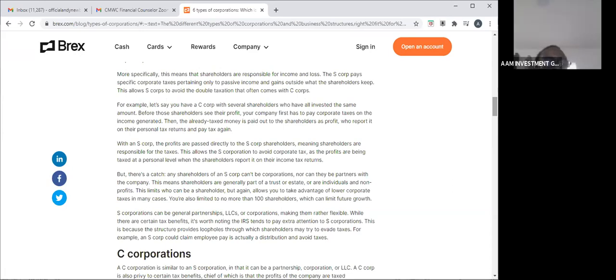There's a paragraph, the second to the bottom paragraph that says, but there's a catch. You see that? Any shareholders of an S-Corp can't be corporations. Meaning, you know how we're talking about corporations right now, right?